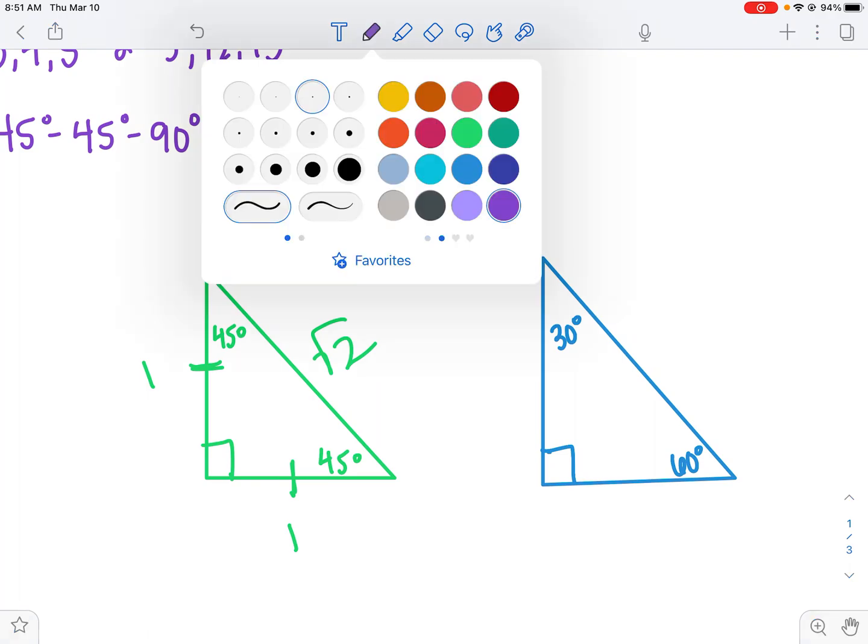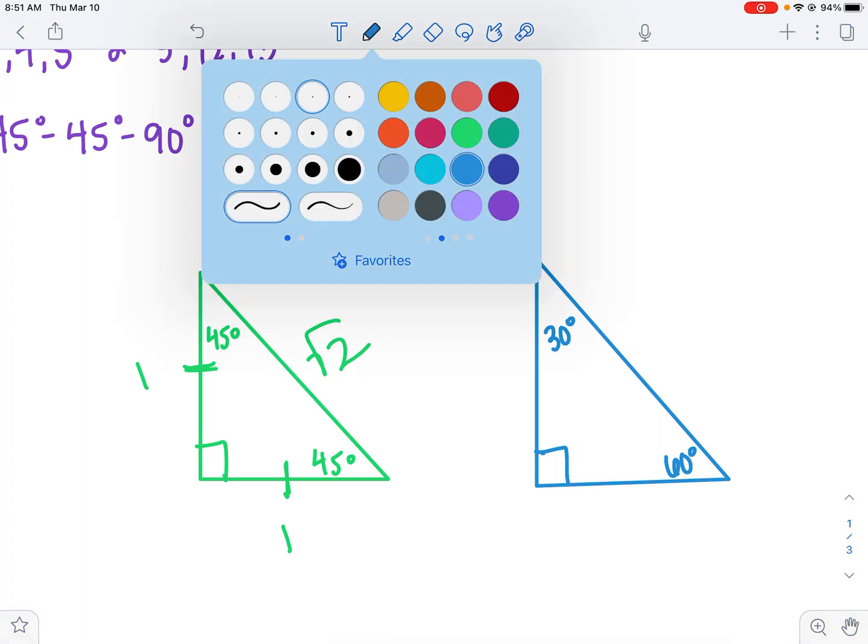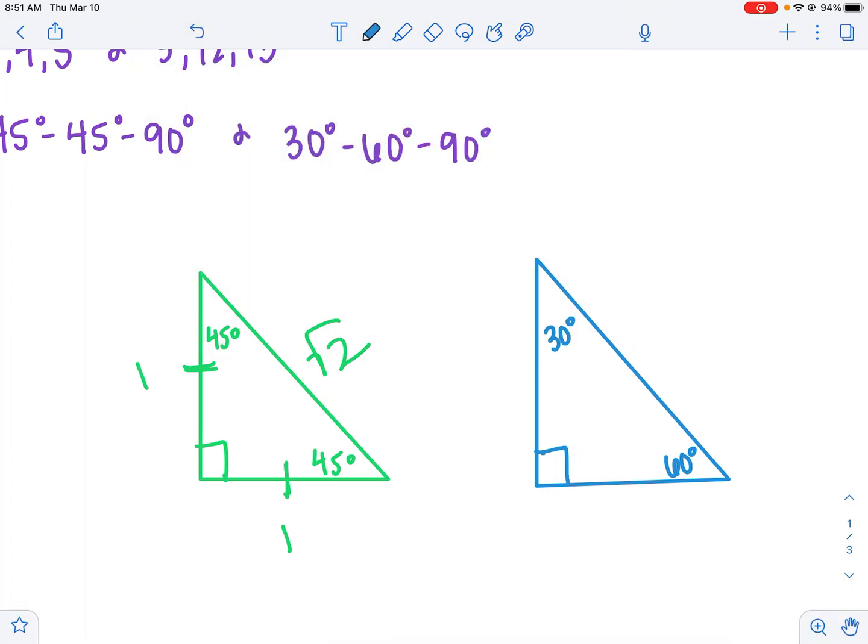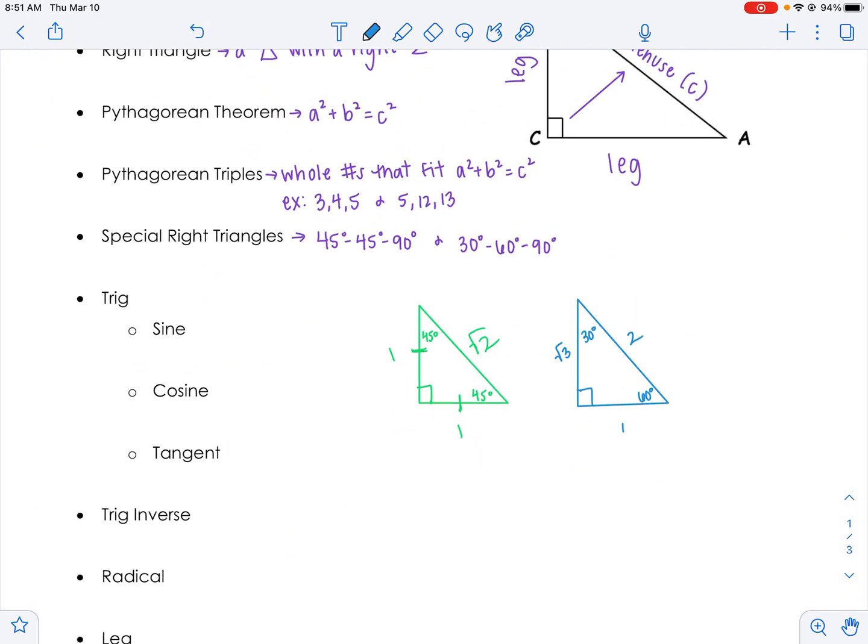These are two special right triangles because these particular triangles happen to follow a pattern. And the pattern for 30, 60, 90 is 1, root 3, 2. Now, we'll talk more about those patterns later on as we go throughout this unit, but a lot of this unit is looking for patterns in triangles and then solving with those patterns.